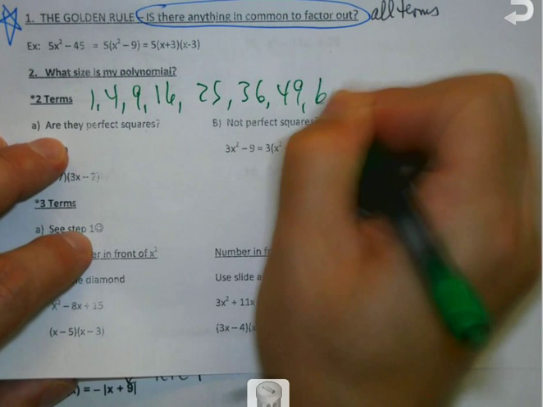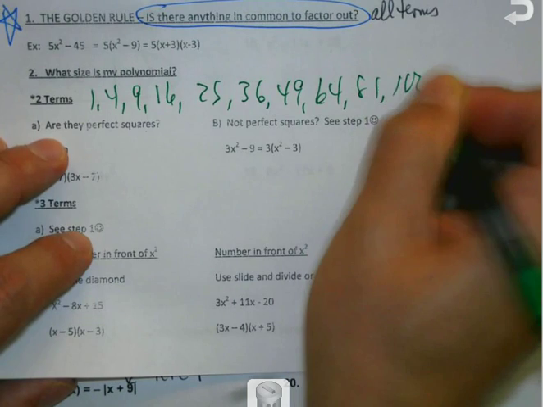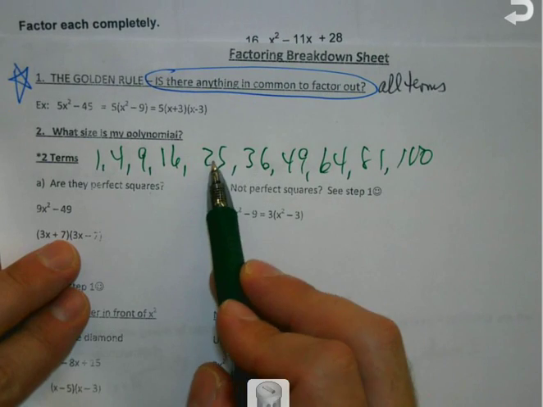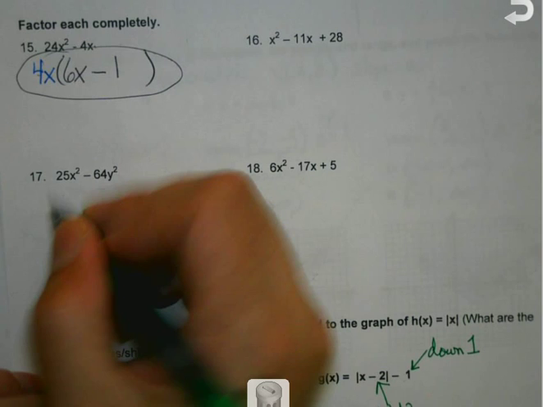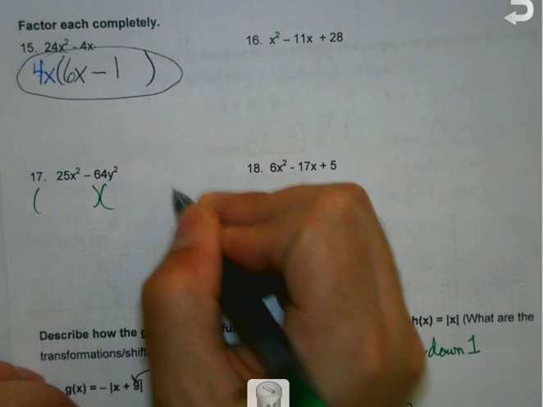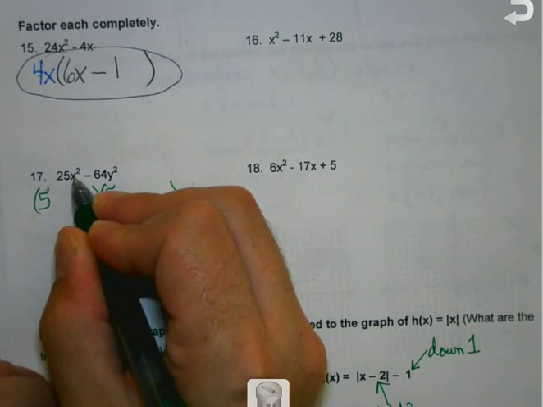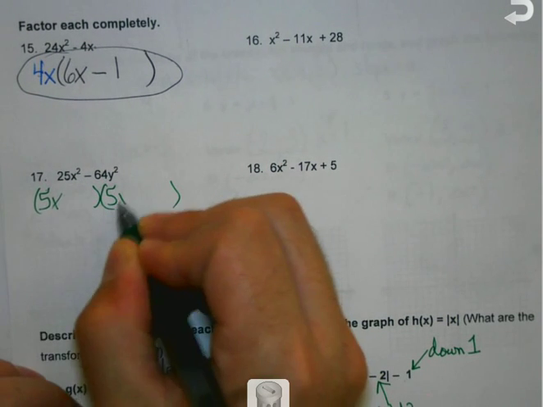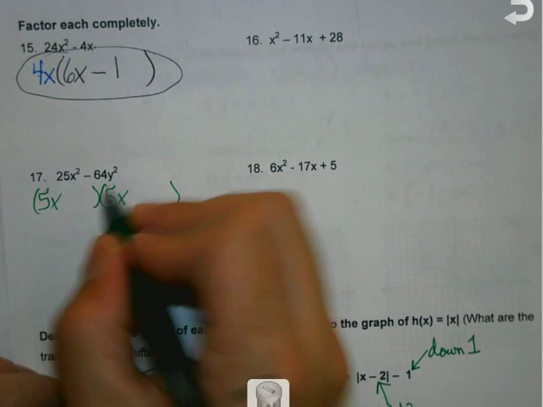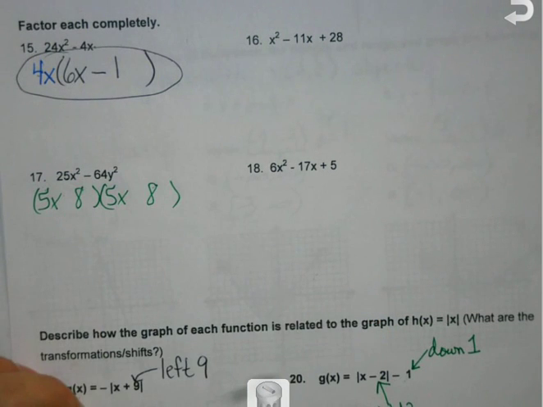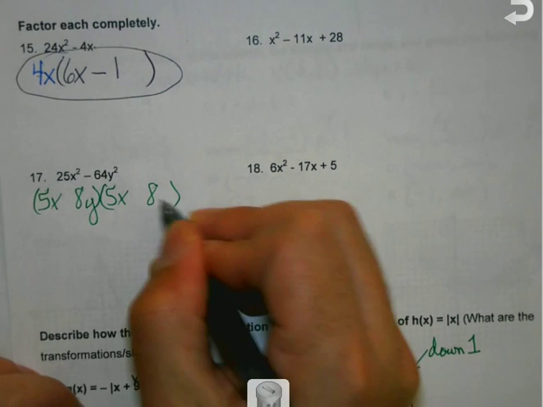That would come in kind of handy right now because I look at these, 25 and 64. Ooh, they're both on the list. Okay. So whatever I multiply to get 25, 5, to get x squared, x. To get 64, 8. To get y squared, y.